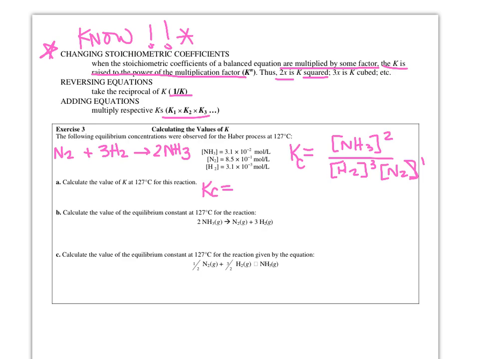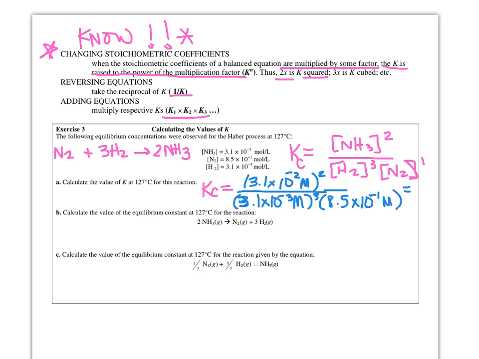I'm going to take my NH3, so that's going to be 3.1 times 10 to the negative second molarity squared over my H2, because that's how I put it in, 0.1 times 10 to the negative third molarity cubed times my 8.5 for my N2 times 10 to the negative 1 molarity, and that's going to be to the first.